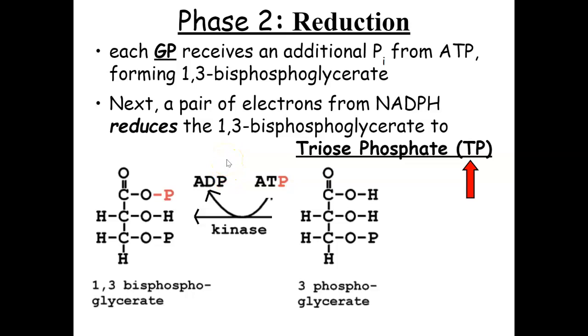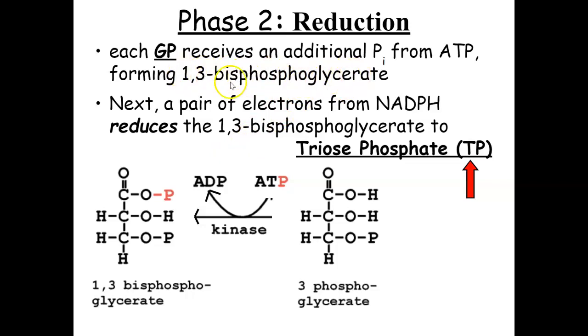In the next phase, phase 2, the reduction phase, each GP, or glycerate 3-phosphate, and you do need to know the full name of that molecule, glycerate 3-phosphate, receives an additional phosphate from ATP, and that's going to form an intermediate molecule. You do not need to know the name of this molecule.